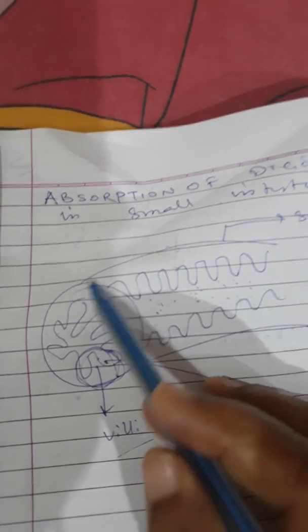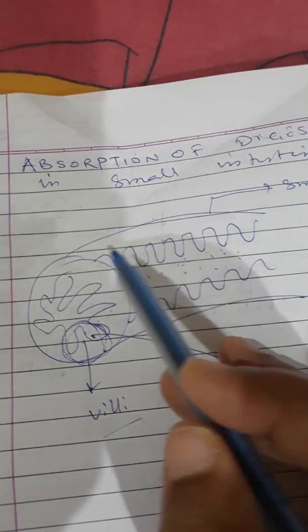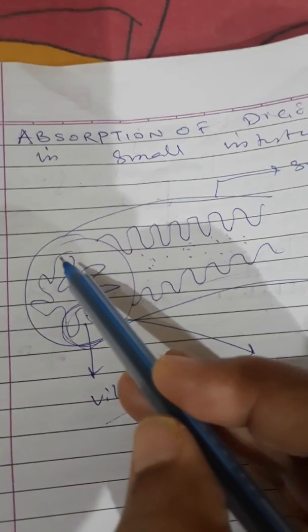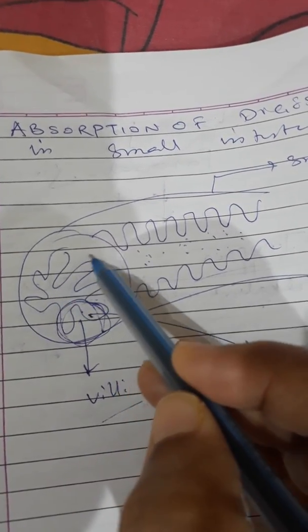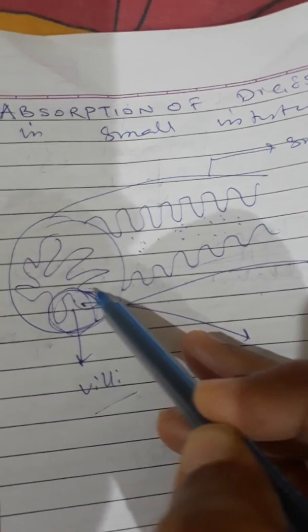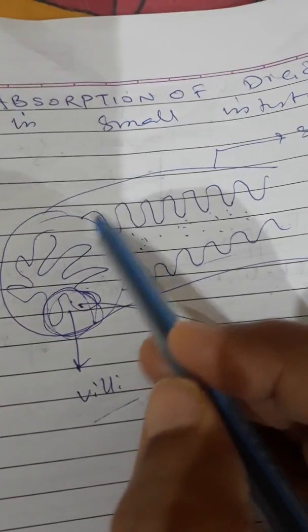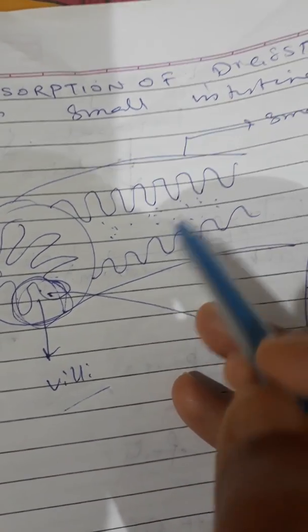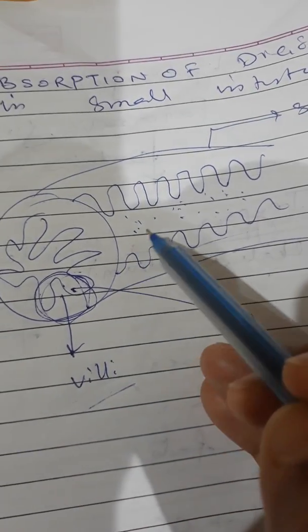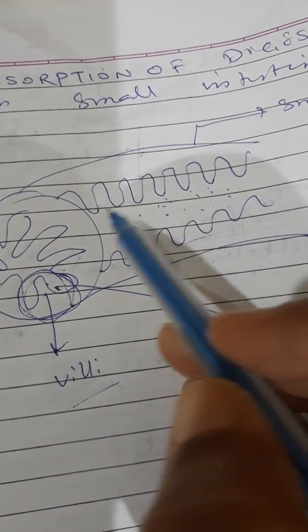This is a part of the small intestine. Externally it's like a tube, and the outer wall is smooth, but internally the inner wall is highly folded into finger-like projections. These finger-like projections are called villi, which increase the total surface area for absorption of digested food.